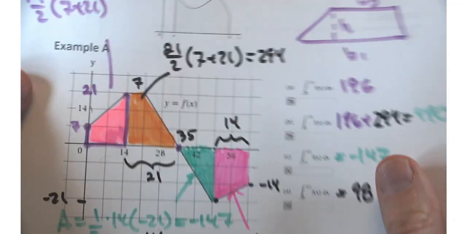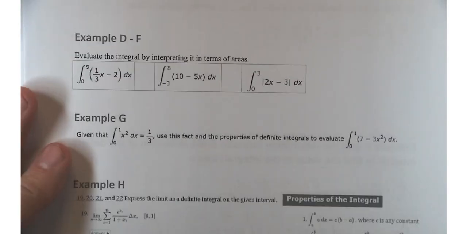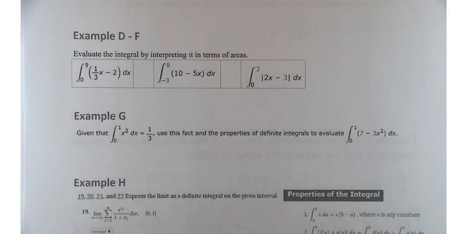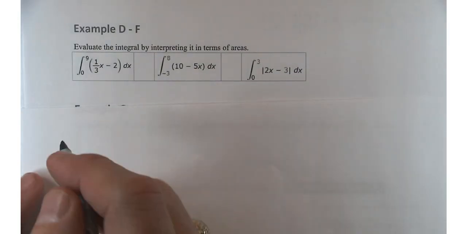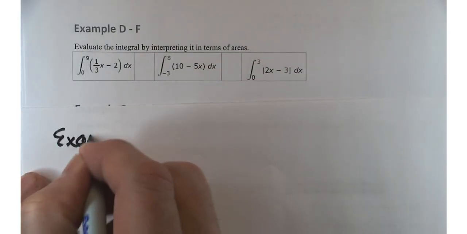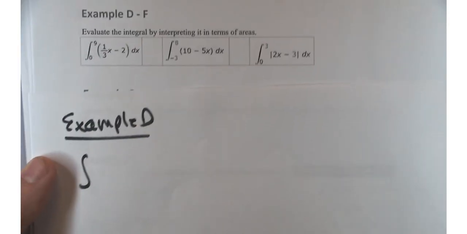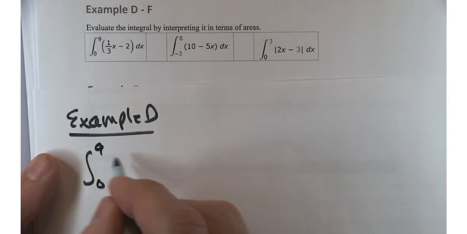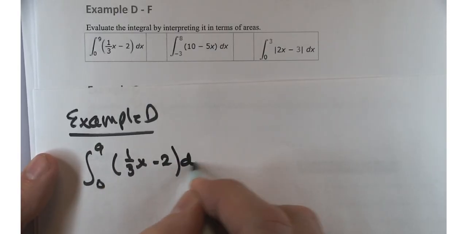Let's keep going. Now some of these you're going to actually have to draw to try and find an interpretation. So let's do that. Let's start out with example D, which is the integral from 0 to 9 of 1/3 x minus 2 dx.